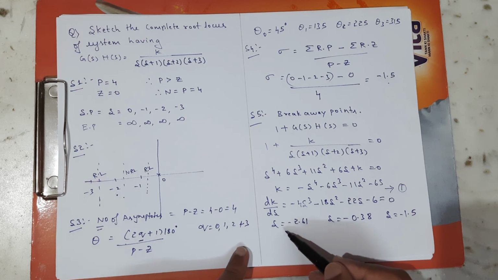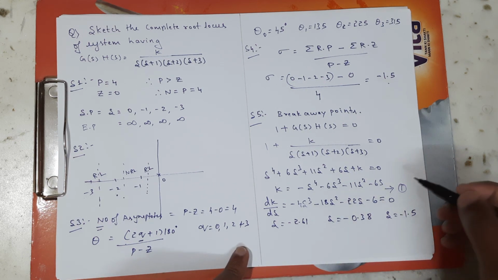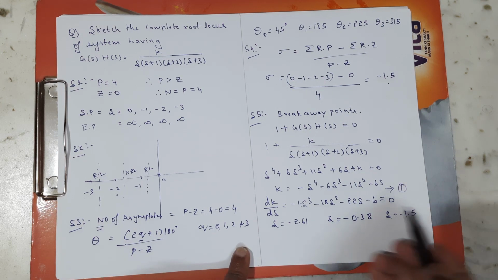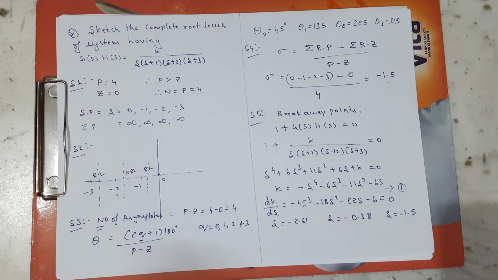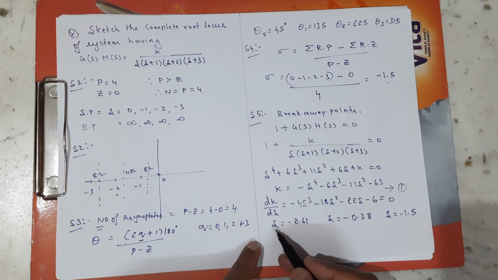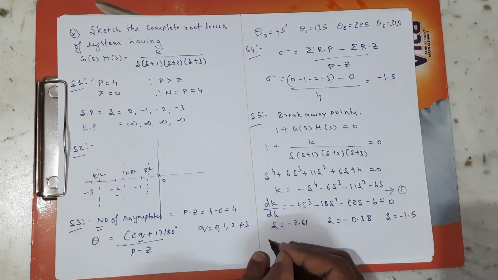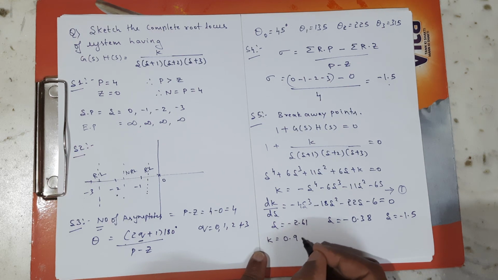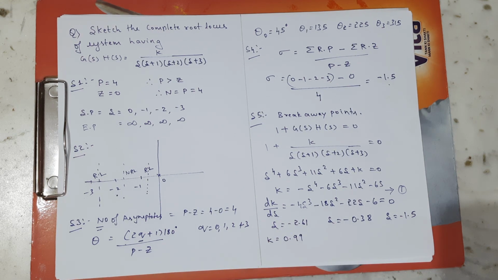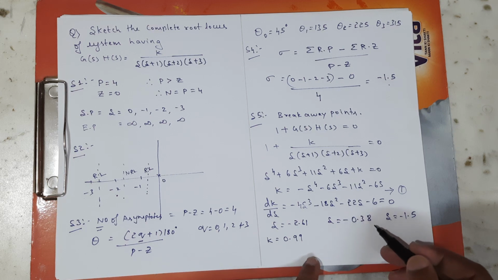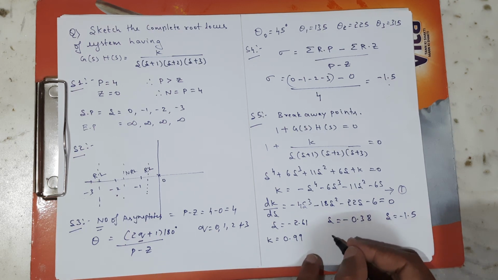Now I am going to substitute the values of s in equation number 1 and find out the value of k. So when s is equal to minus 2.61, after solving I got the value of k is equal to 0.99.